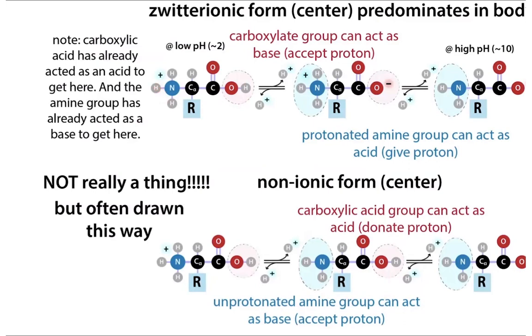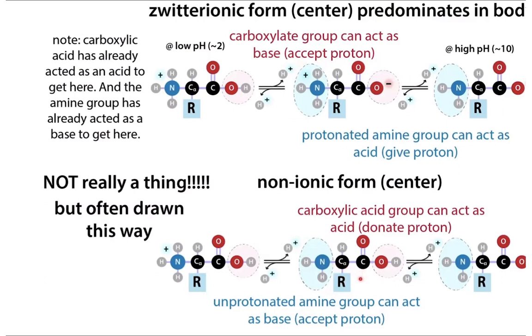And if you're at a high enough pH where you've deprotonated that amino group, now that carboxylic acid group is definitely going to be deprotonated. So I don't want you drawing the non-ionic form, where you have an NH2 or an OH. Instead, I always want you drawing this zwitterionic form.